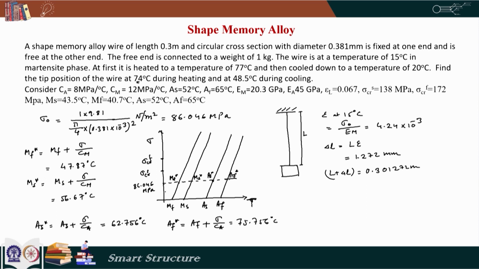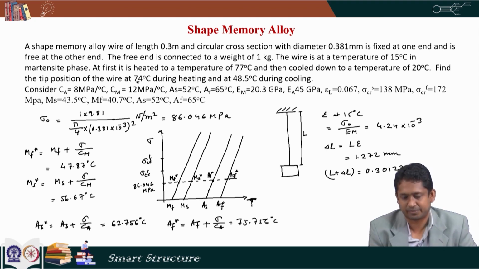So, now we will first find out what is happening when we are at temperature 74 degree centigrade. To do that, we have to find out the amount of martensite fraction, and if I know that, that will give me the rest of the quantities, and this we will do using both the Tanaka model and the Liang and Rogers model.